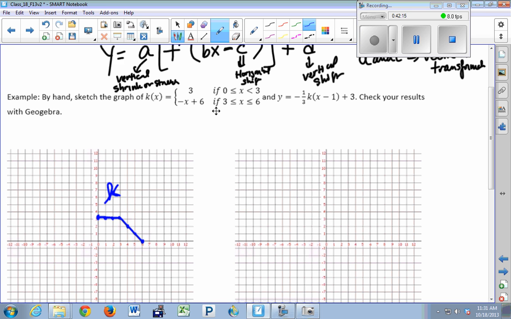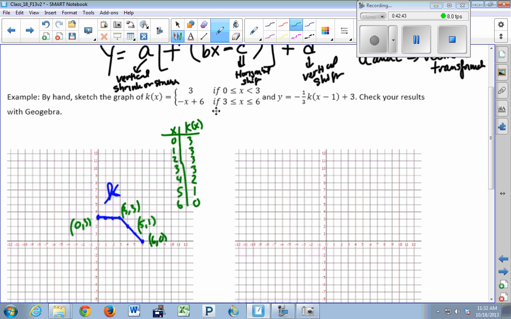Pluck out some key points if you want. You could say (0, 3), (3, 3), (5, 1), pick whatever point you want, (6, 0). You could have picked (4, 2) if you wanted instead of (5, 1). It doesn't matter. Or you could do a little table like this. x: 0, 1, 2, 3, 4, 5, 6. k of x: 3, 3, 3, 3, 2, 1, 0.